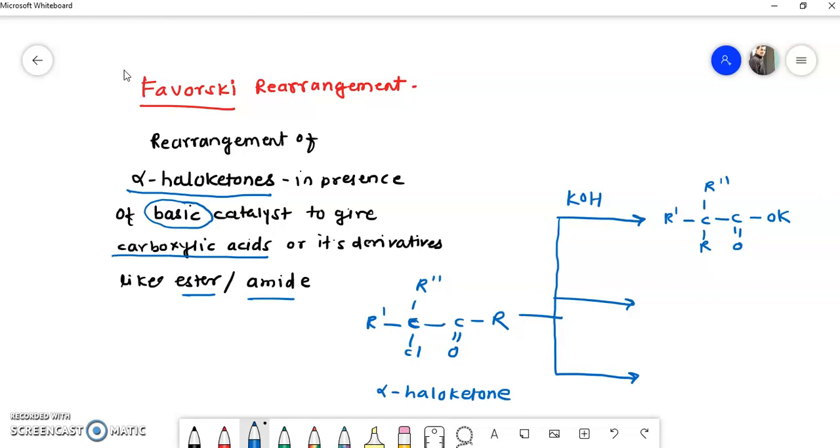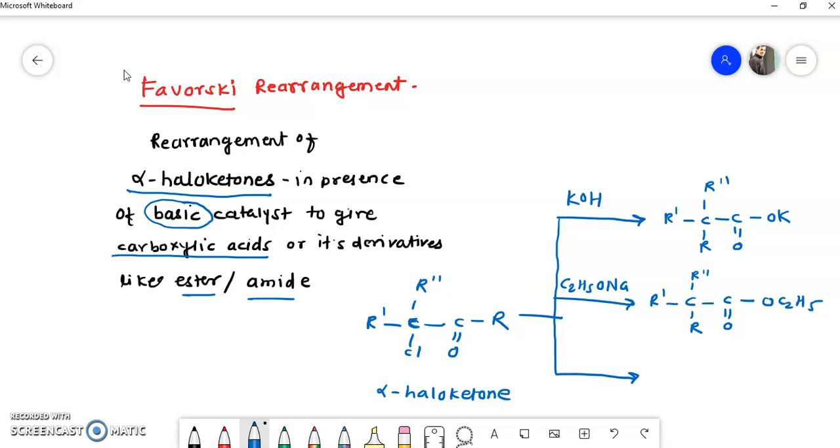But if we treat this alpha haloketone with sodium ethoxide, that is C2H5ONa, then there is a formation of ester: R' C R'' R, C double bond O, OC2H5. So if we use a sodium alkoxide, there is a formation of ester as a product.